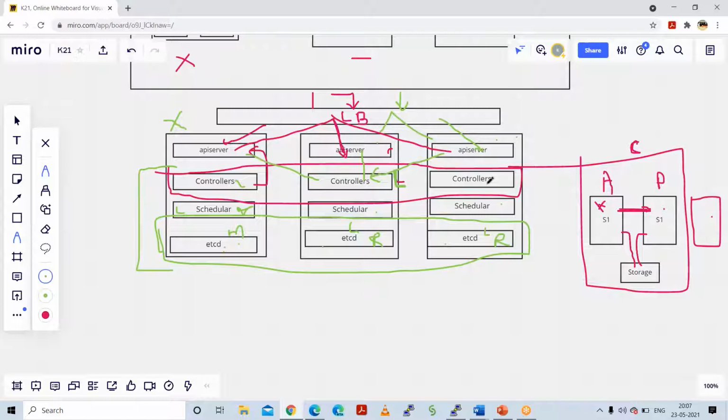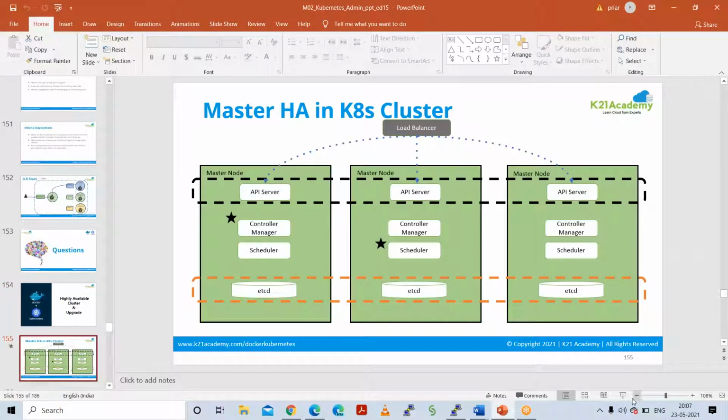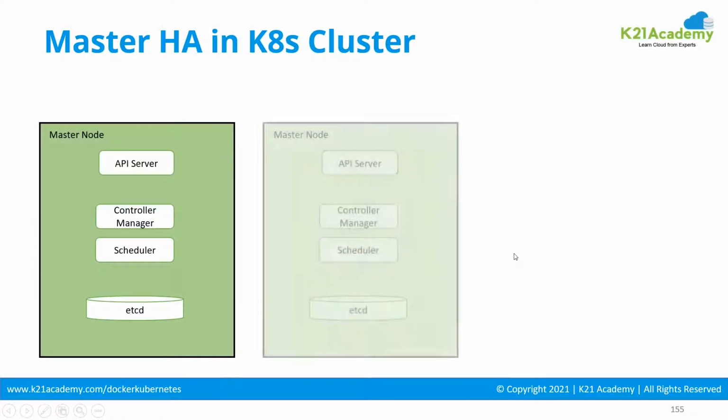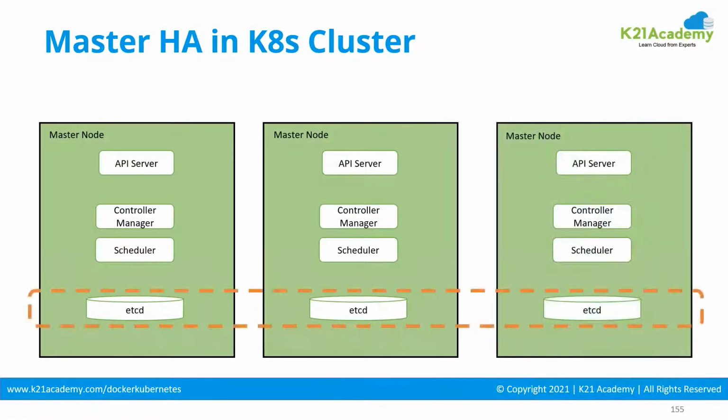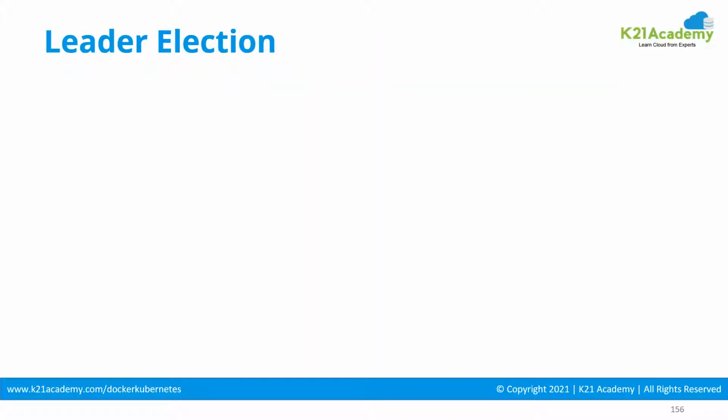I hope that you understood this, guys. And that is what this diagram also indicates. So we have master nodes, and ETCD is a distributed database. You have the API server. So there will be a load balancer, and the load balancer will distribute the traffic. You can have the leader from master node 1 for the controller manager. The scheduler leader may be from the second node.